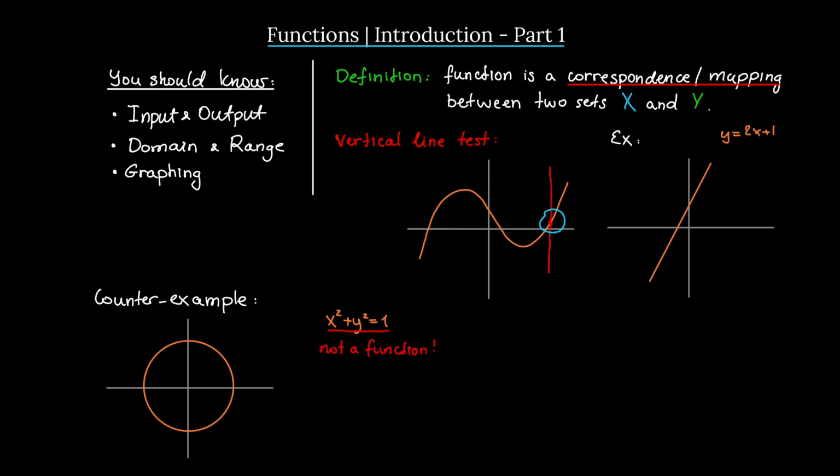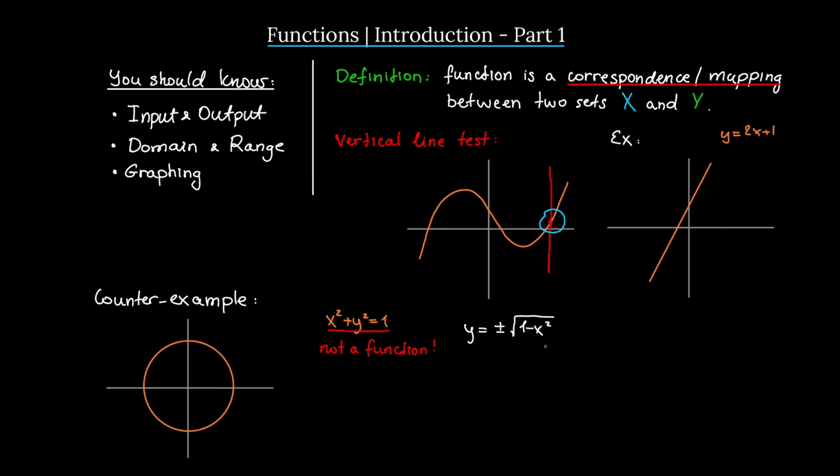However, we can also solve this in a non-graphical way, but in an analytical way. We know that functions are always expressed as y equals something in terms of x. So if I were to do that to our expression, what I would get is y is equal to plus minus the square root of 1 minus x squared.